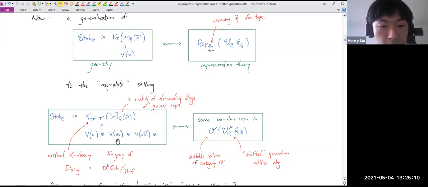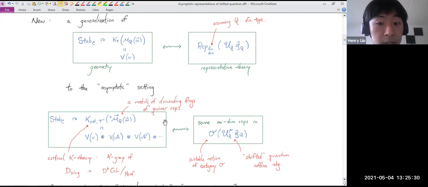Specifically, it's a geometric sequence with ratio h bar. And the critical K-theories of these new moduli will sit inside these semi-infinite tensor products as certain irreducible representations.